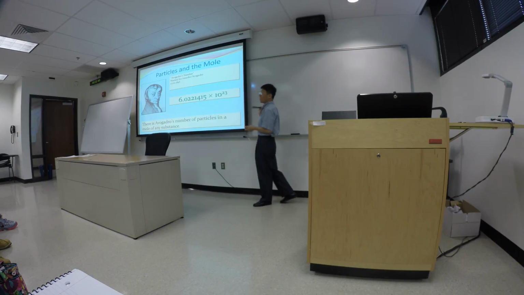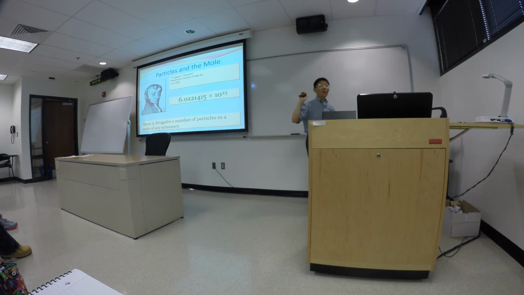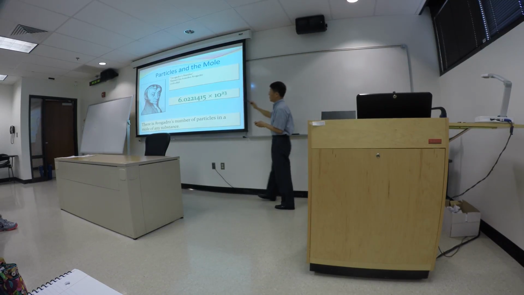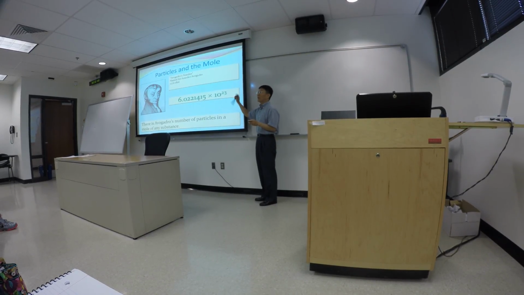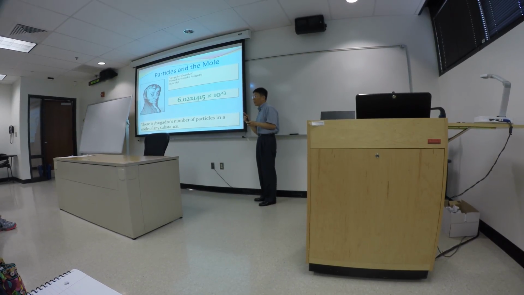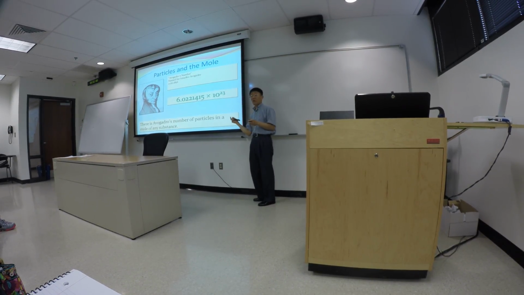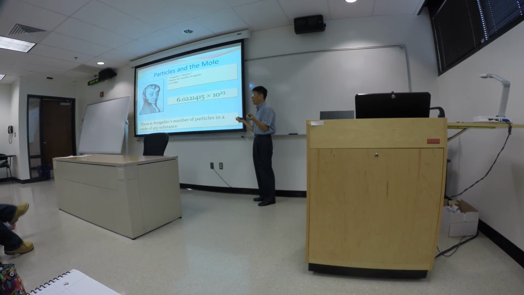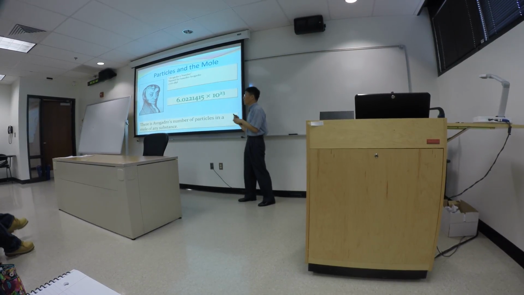Now, what does this number mean? It means for 1 mole of any substance, you have this many particles of that substance. If you have 1 mole of oxygen atoms, you have 6.02 times 10 to the 23 atoms. If you have 1 mole of oxygen molecules, well, oxygen atom and oxygen molecule are different.